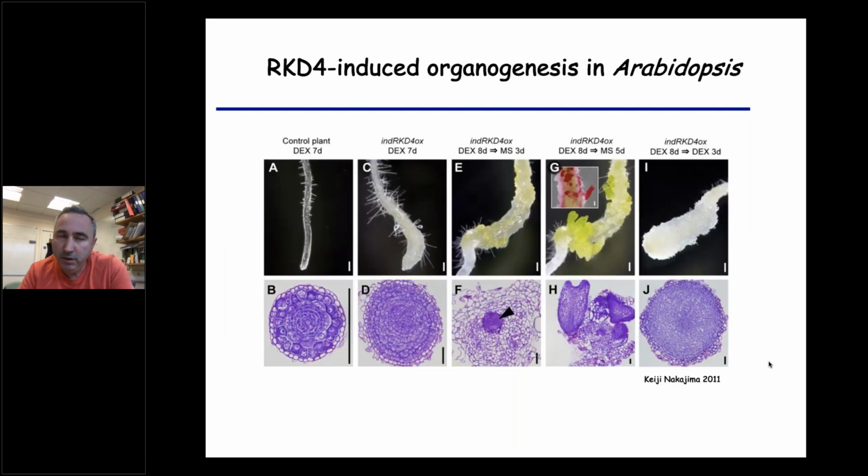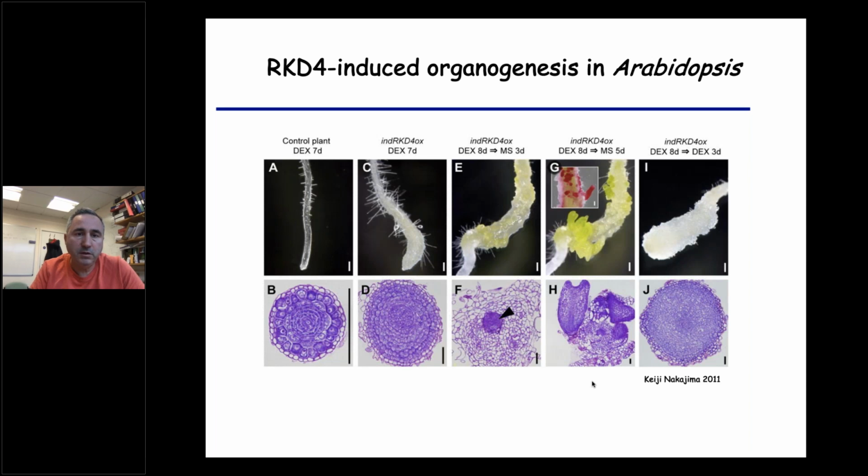So these RKD or RWP-RK transcription factors are really interesting because the ectopic expression of these transcription factors leads to the formation of direct organogenesis in different organs. This is work done by Keiji Nakajima in Nara, and he identified mutants that are embryo lethal.